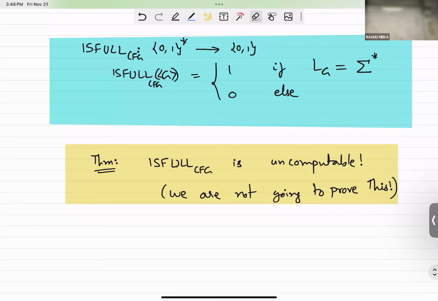Because suppose for every grammar, the complement of it is also a context-free grammar. Then if L(G) is sigma star, the complement of that is empty. If that was also a context-free grammar, then it would be not empty, so you would compute it. So the failure of closure properties is kind of implicitly showing up again here.